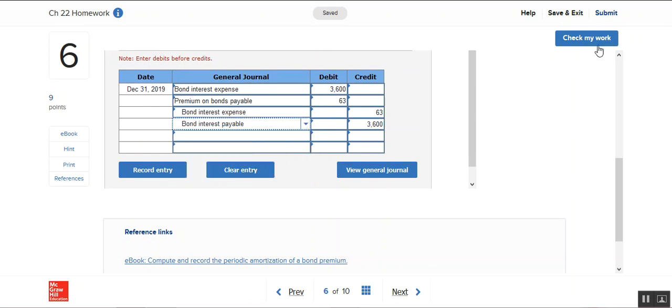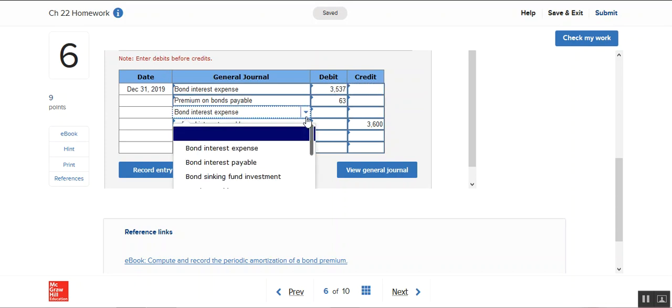This is not going to like this, because I have a bond interest expense credit here and a bond interest expense debit there. I have the same account that I'm debiting and crediting, so I believe Connect is going to require us to lump those two together. If we combine this bond interest expense with that bond interest expense, we get a debit of $3,537, which means I can get rid of that.